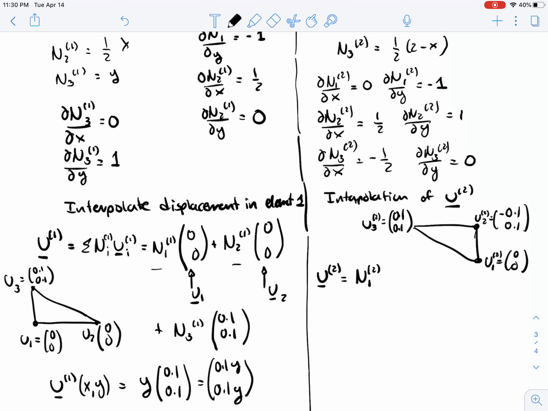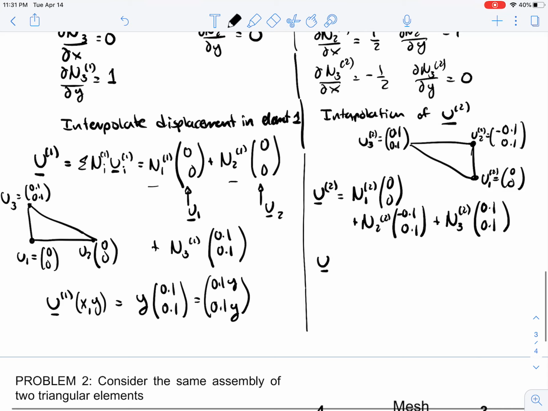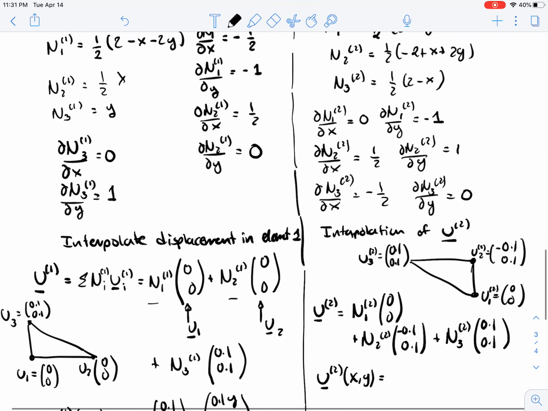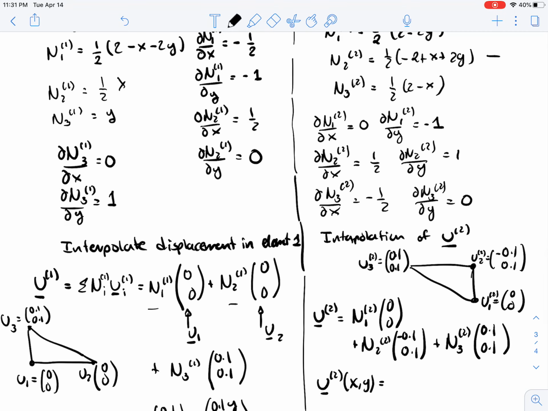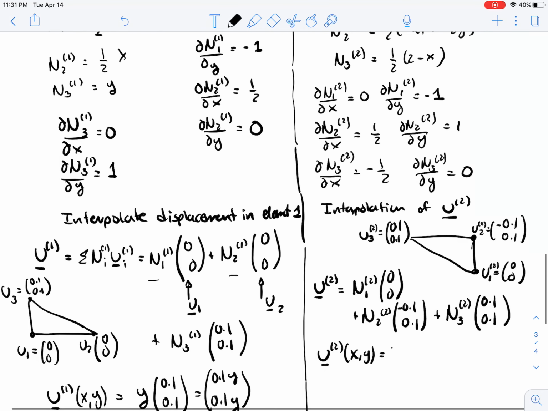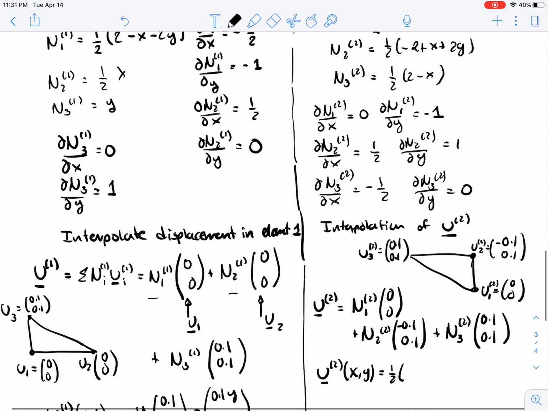So in this case, the displacement for element 2 is going to be the first shape function of element 2 times 0, 0, plus the second shape function of element 2 times minus 0.1, 0.1, plus the third shape function of element 2 times 0.1, 0.1. So I can write it out explicitly in terms of x and y. The first term obviously goes to 0, but the second shape function is this one right here.